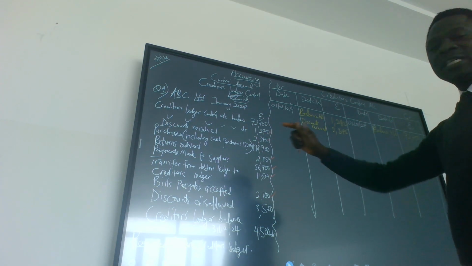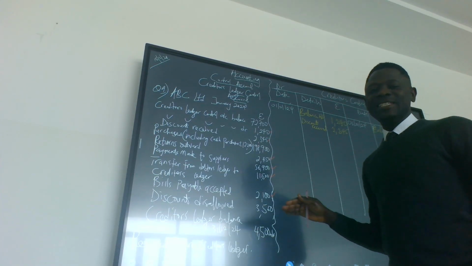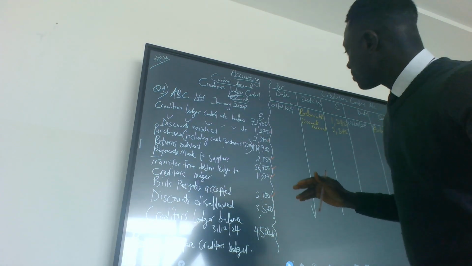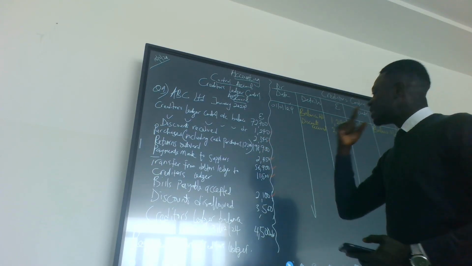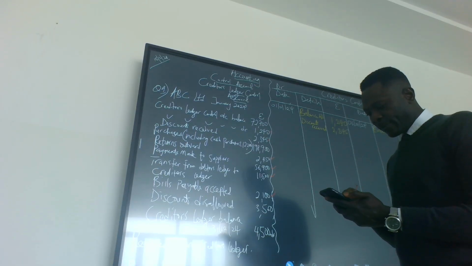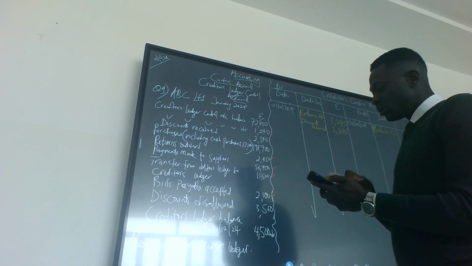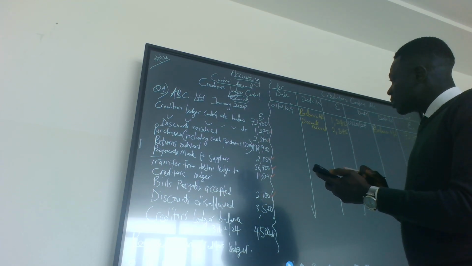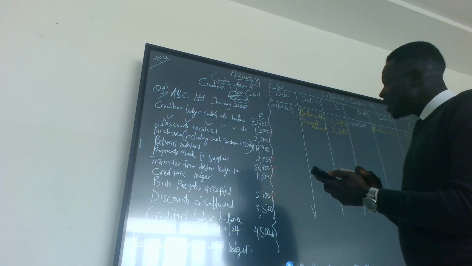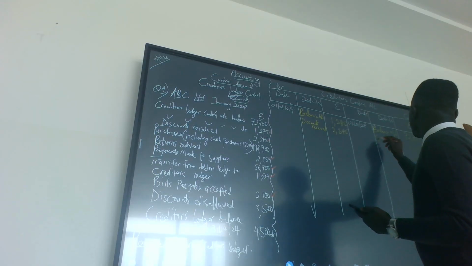Then we have purchases including cash purchases. Because this is a creditors control account, we only record credit purchases, not cash purchases. So what do we do here? We have the total purchases, which is 198,900. We take away the cash purchases from it. 198,900 minus 12,200 gives our credit purchases.